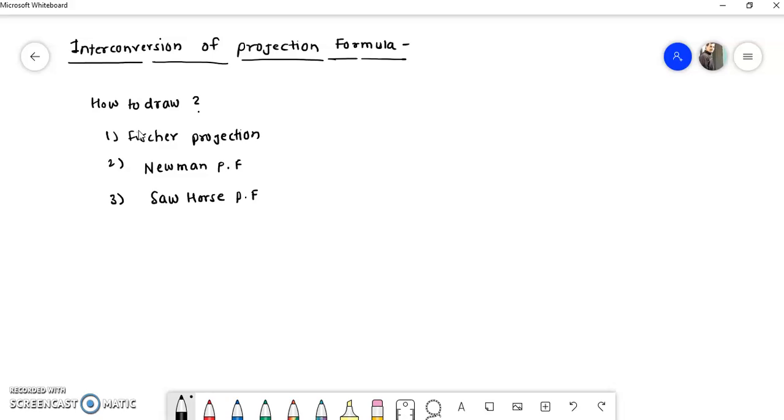Now we know that all these projection formulas are used to represent a molecule in two-dimensional space by considering its three-dimensional structure. One thing we have to remember is that we can draw the Fischer projection formula for a molecule having one stereogenic center also.